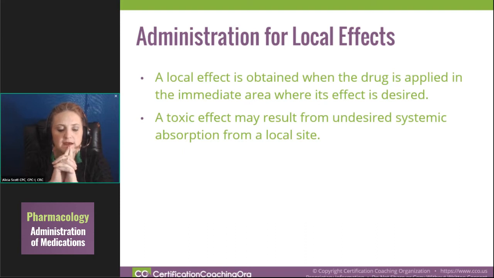Now, when we say toxic effect, that doesn't always mean that everybody would have the same effect. Okay, a toxic effect would also be an effect of a person who's allergic to something, right? Let's say my mother-in-law is allergic to everything that ends in cane.